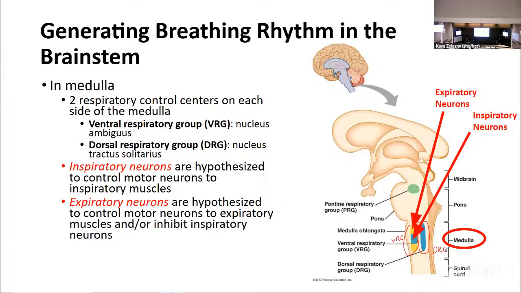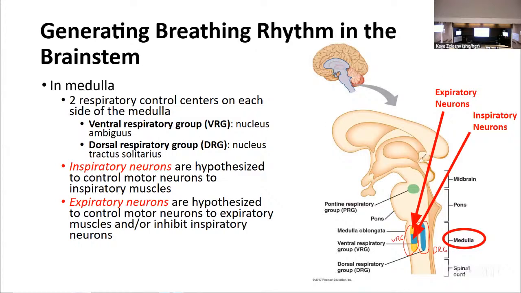So when we look at these two centers of activity, these two nuclei, they have specific names. Our VRG includes the nucleus ambiguus, and the dorsal respiratory group includes our nucleus tractus solitarius. I don't expect you to remember those names.